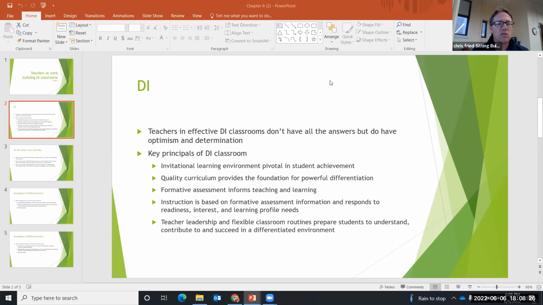It talks about teachers, and I believe this applies in general, not just in differentiated instruction classrooms. We don't have all the answers, but we have ways of finding the answers. It talks about determination and optimism, right? We are kind of open-minded in regards to that.